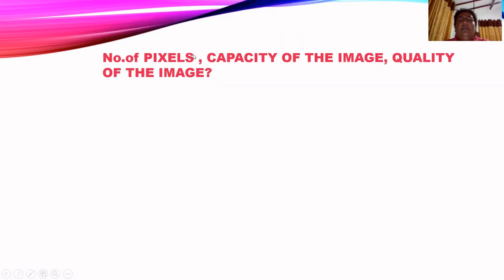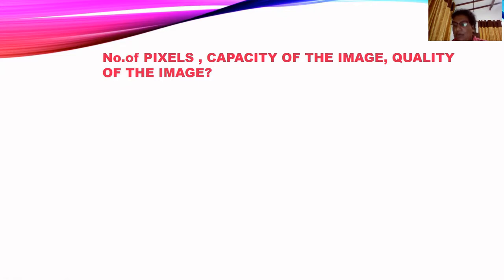If there is a high number of pixels, what about the capacity? I want to ask Virun: can you tell me, if there is a picture with a high number of pixels, what about the capacity?